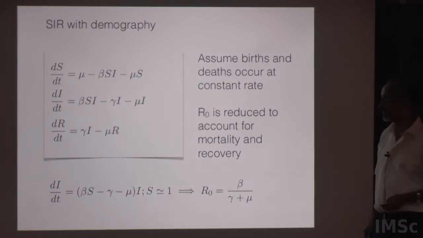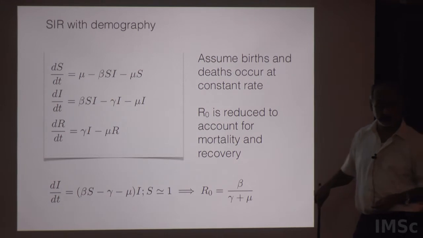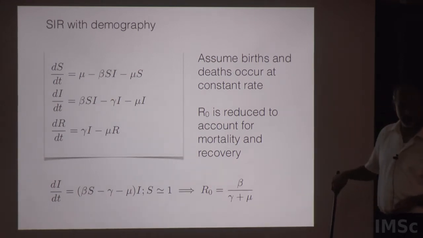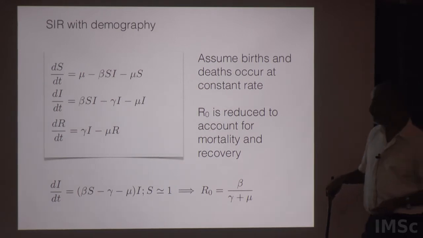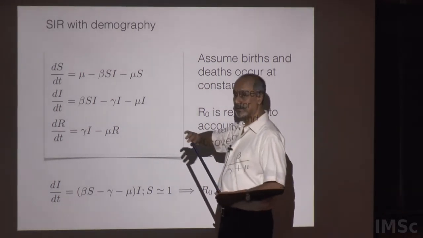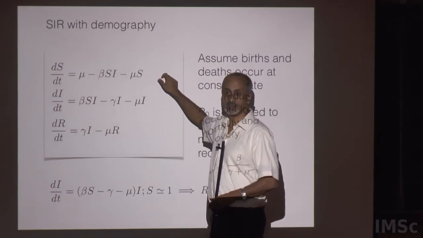Why is there no product with S for birth, but with death it is a product with S? Because the number of people who die in a small interval of time dt is exactly mu times S times dt.